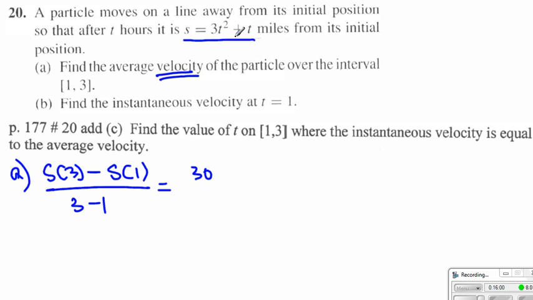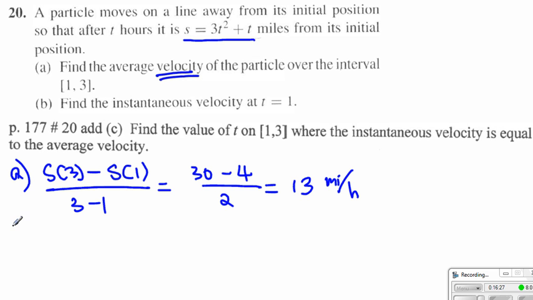And if you plug in 1 here, we end up getting 4, all over 2. Then we end up getting 26 over 2, which becomes 13. Now here we end up getting 13. Let me just rewrite it. And then, the unit will be miles per hour.